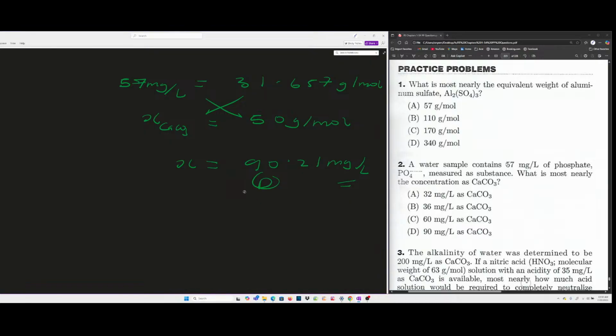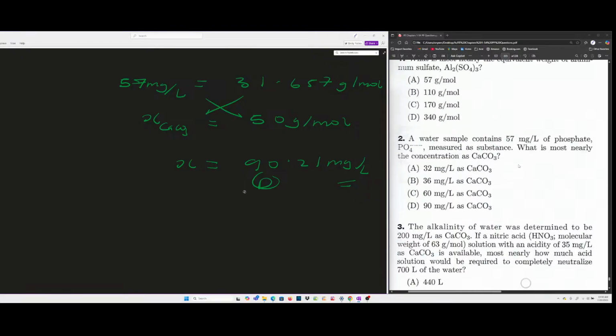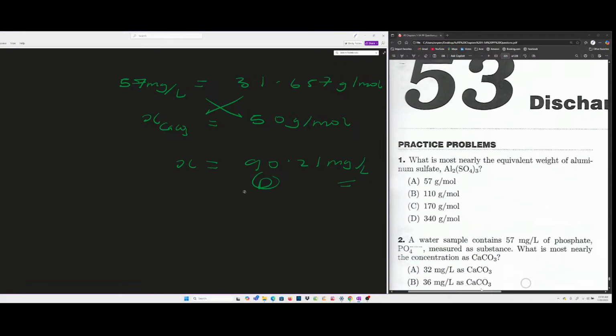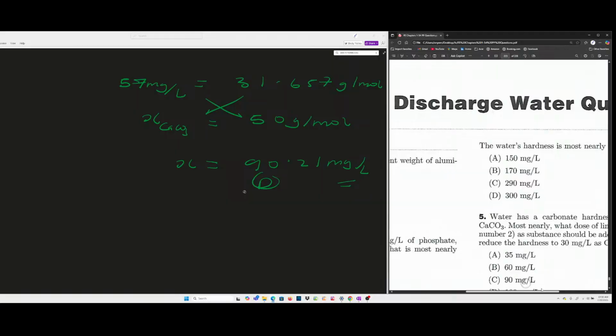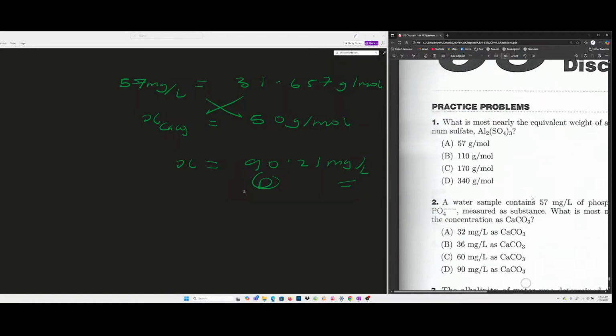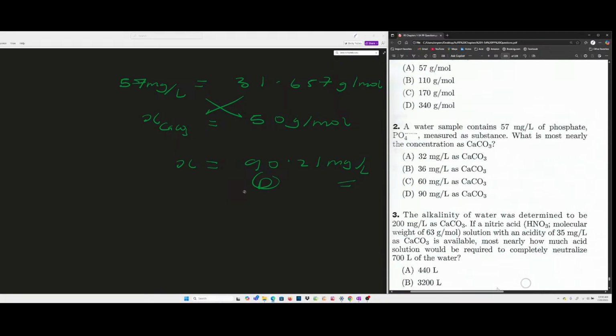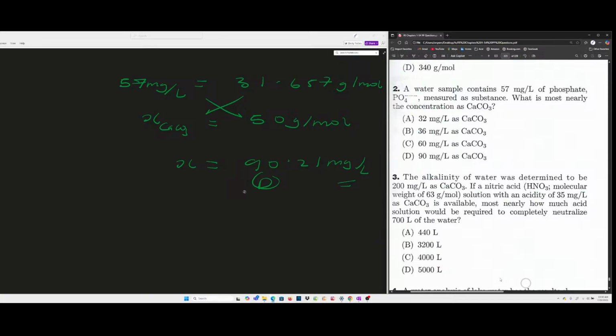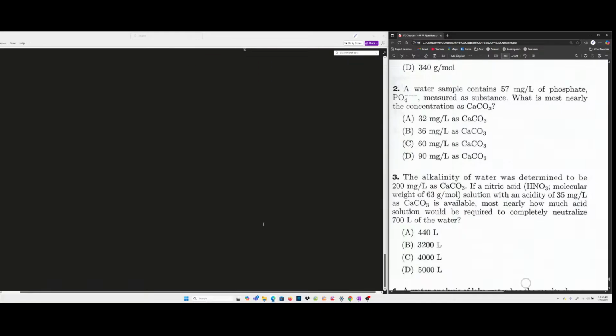Okay. So the same stuff, and this is under water discharge and water quality. So our next one, we're going to have the alkalinity of water determined to be 200 milligrams per liter as CaCO3.